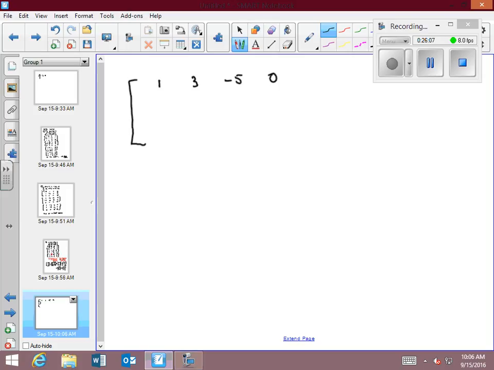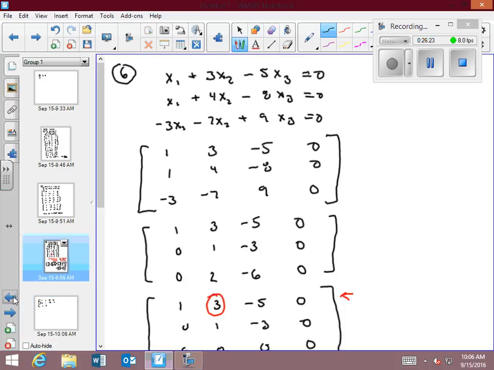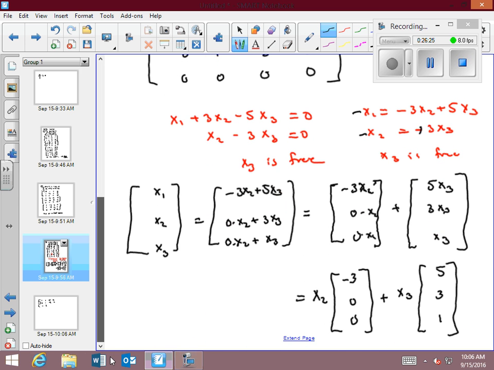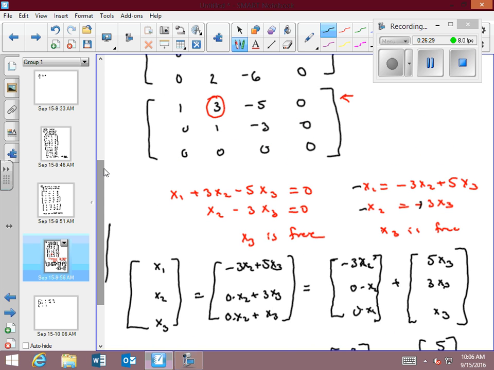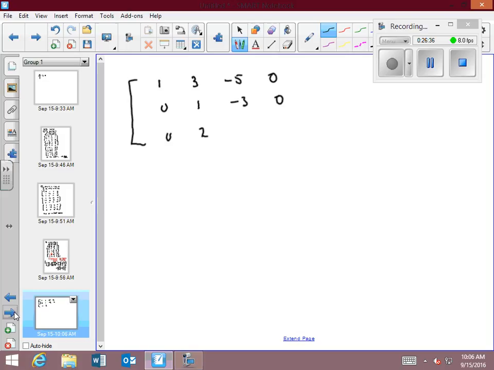The next row is 0, 1, 1, 3, 0, 1, 0, 2, 6. Okay, I actually want just that. This one right here, with the 0 row right here. So we'll just go back and put zeros in there.